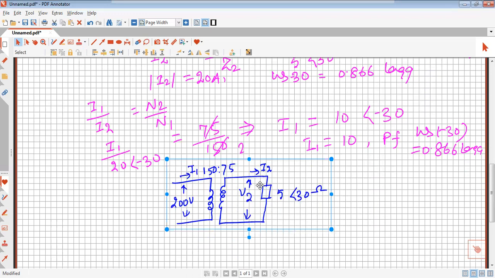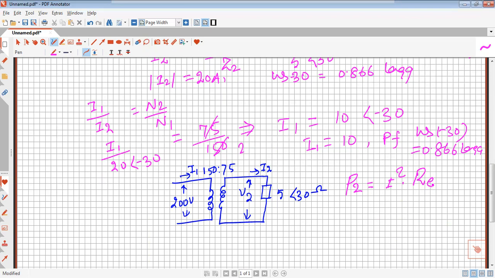So the power output we can write as P2, which equals I square into R. But here our impedance is 5 angle 30 degrees, so we need to take only the real part, because it has an imaginary part also.